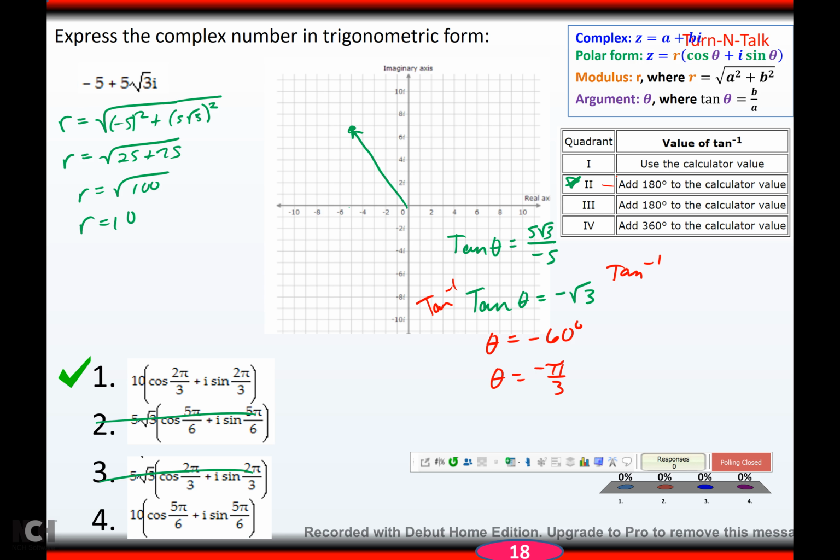But since I was in quadrant 2, I need to add 180, which is pi, to my answer. So that would be negative pi over 3 plus 3 pi over 3, which gives me theta equals 2 pi over 3. So now having that, I can write my polar form, r cosine theta plus i sine theta.